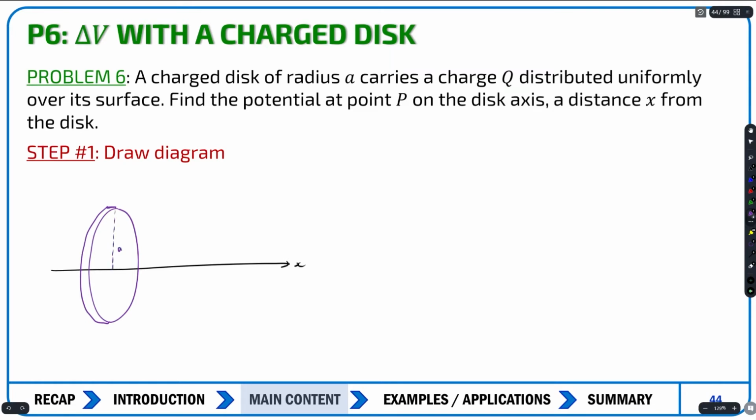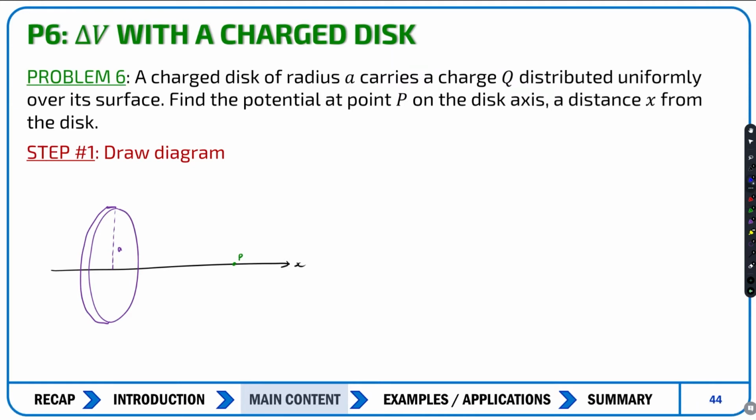So we're just going to assume it's solid. We're trying to figure out the potential at point P. And what we want to consider is some sort of dq. So when we talk about a dq, it's a small piece of charge.